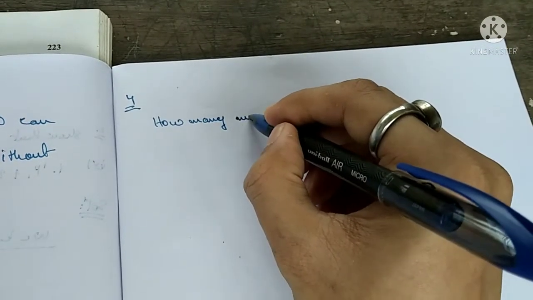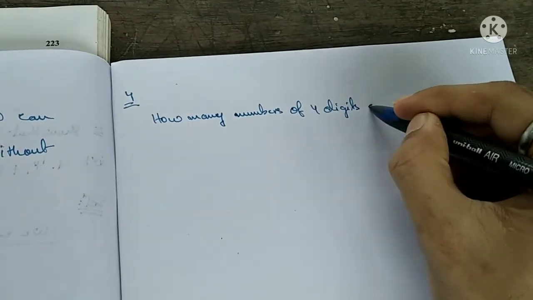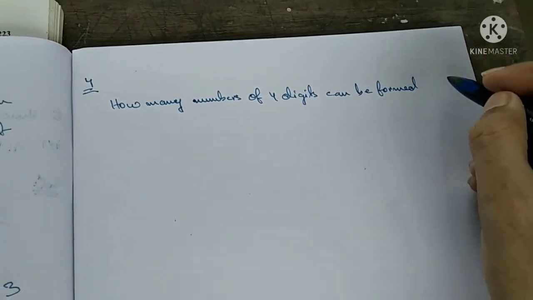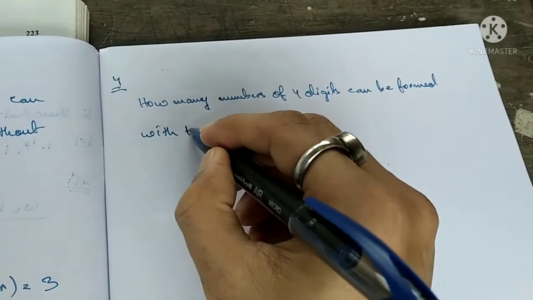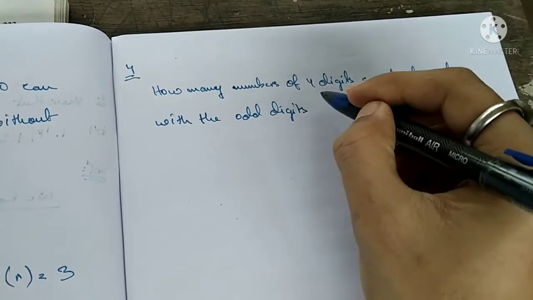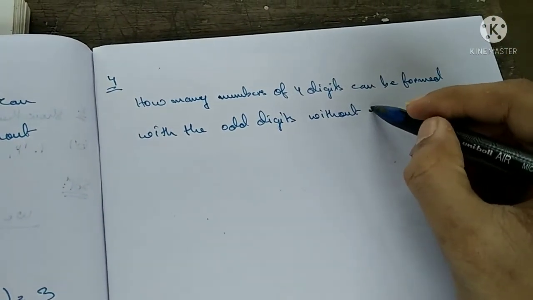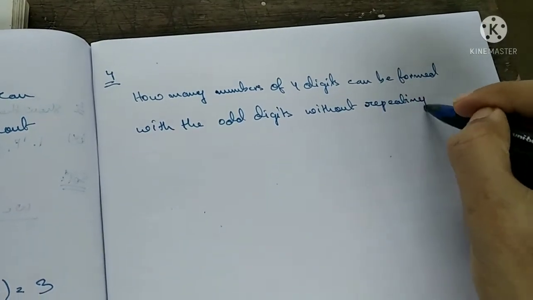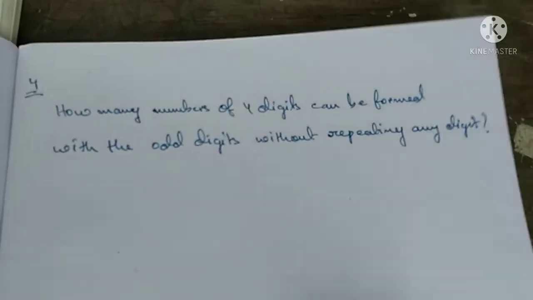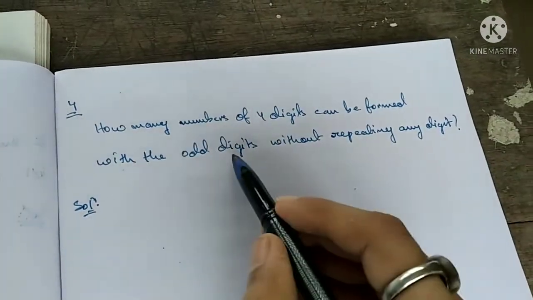How many numbers of 4 digits can be formed with the odd digits without repeating any digit? So how many 4-digit numbers can be formed with the odd digits?